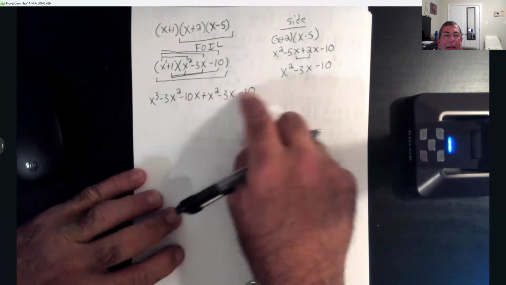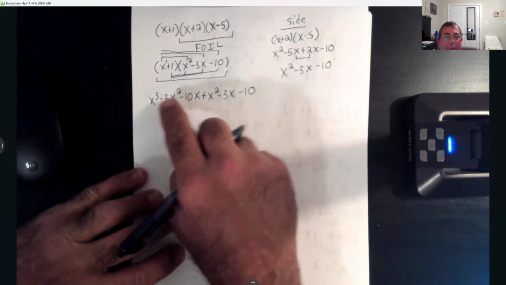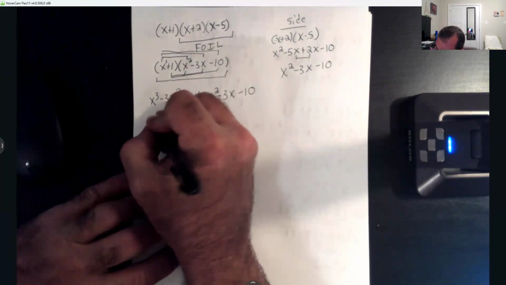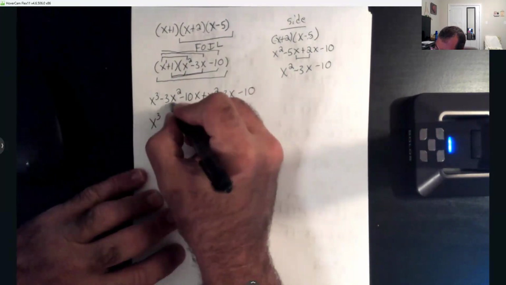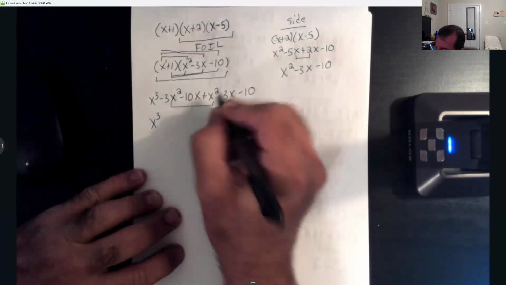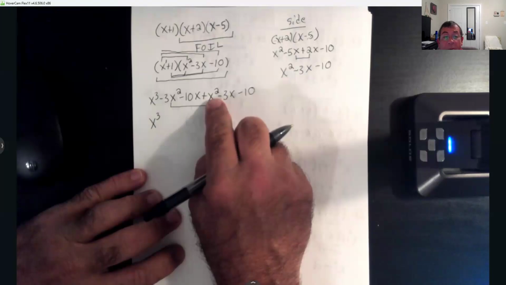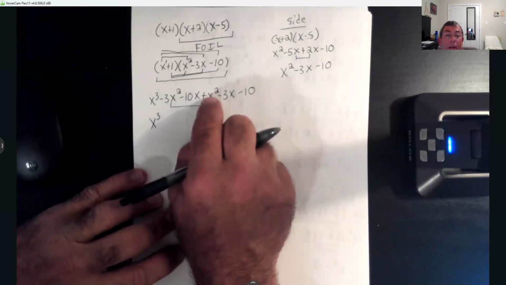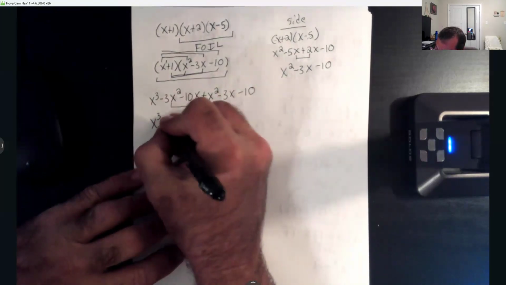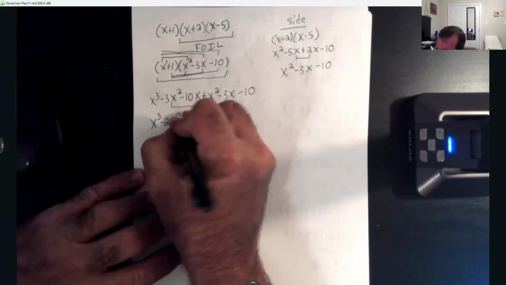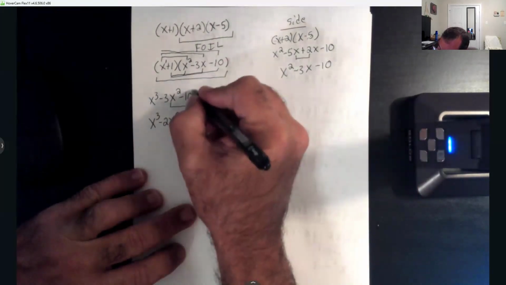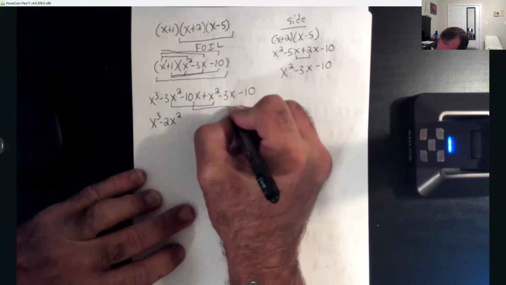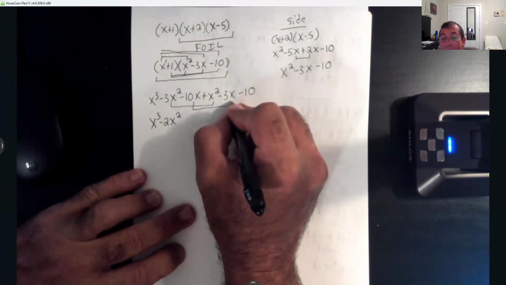And now I got to combine all these like terms. So bring down the x to the third. Negative 3x squared adds to the positive 1x squared. So negative 3 plus 1 gives you negative 2x squared. This negative 10x adds to that negative 3x.